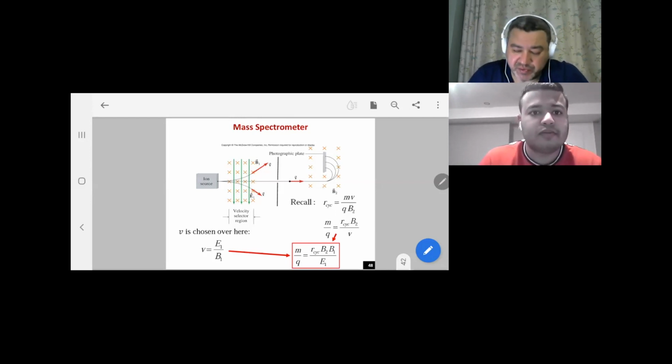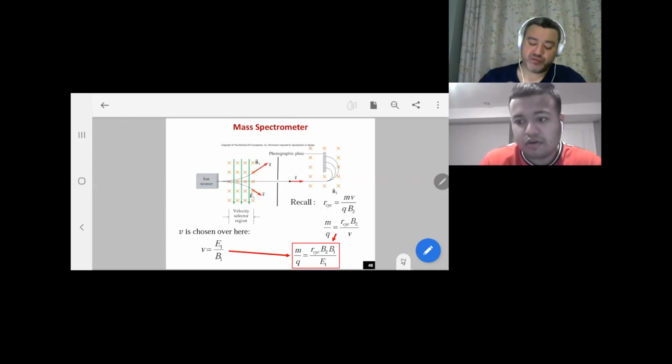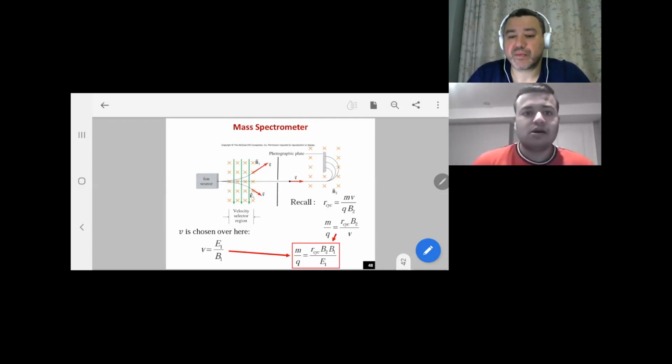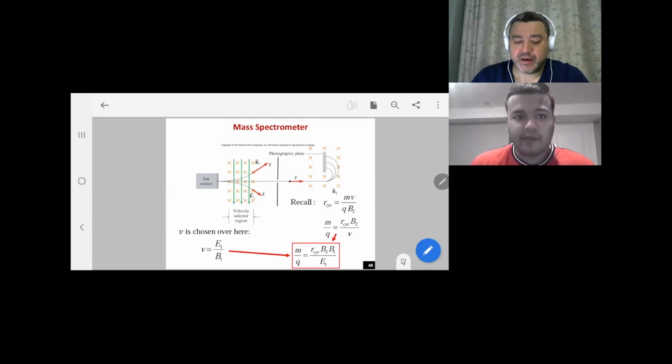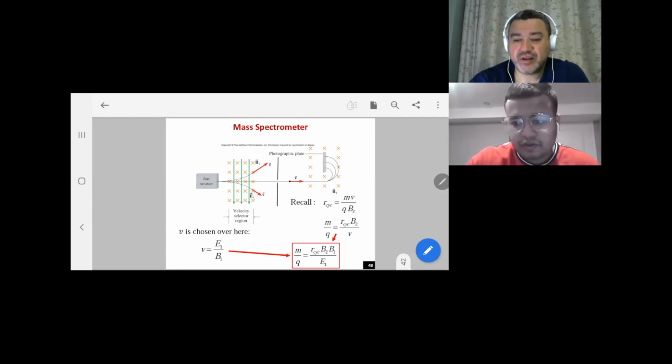Having said that, this means there is no component of that velocity along the magnetic field, which means that all of them will go into the cyclotron motion.